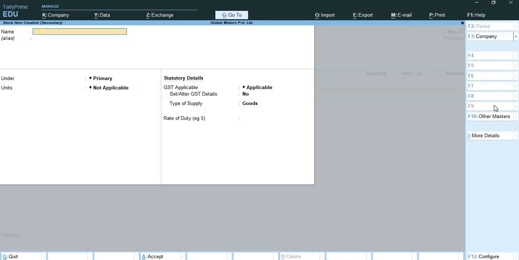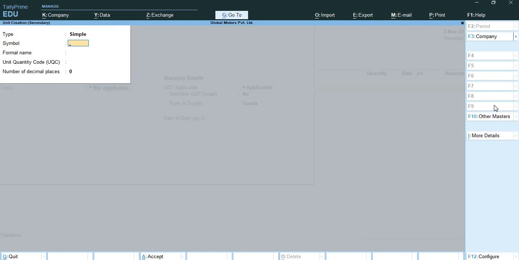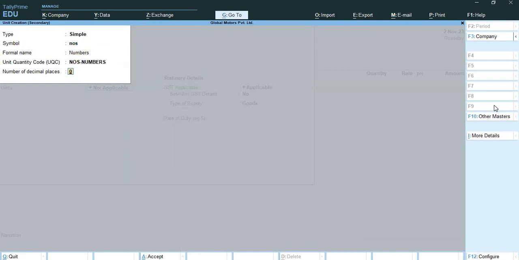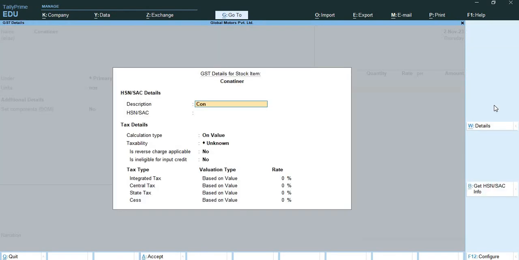Here I'll create a stock item of container and the units will be numbers. Set and alter GST details. Here I add container.